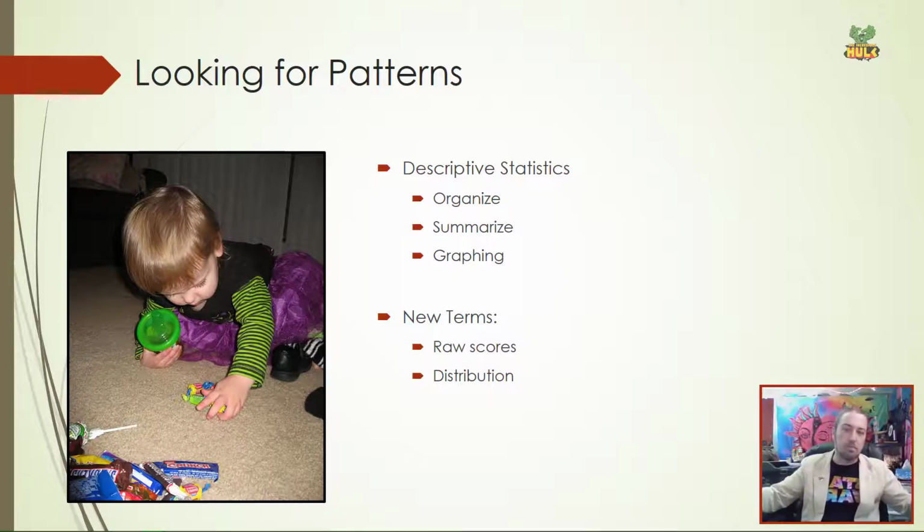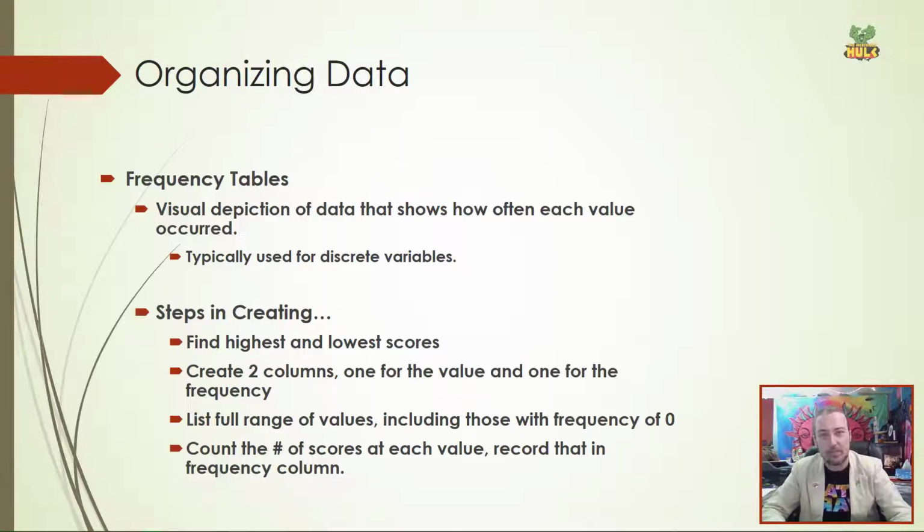Or do we have a huge spread way away from that center average, right? And so that's really the whole point of descriptive statistics, to summarize, to organize, to get a description, a picture of what your data say. And so to that end, we use some graphing as well. We'll talk more about graphing in a subsequent lecture, but graphing is going to emerge at least a little bit here in this one as well.